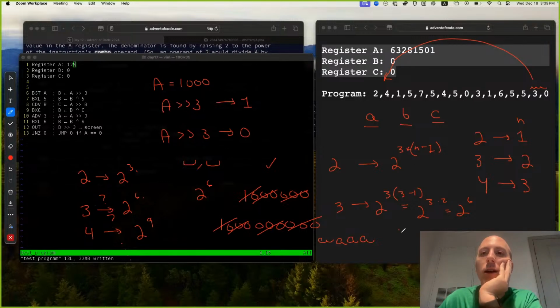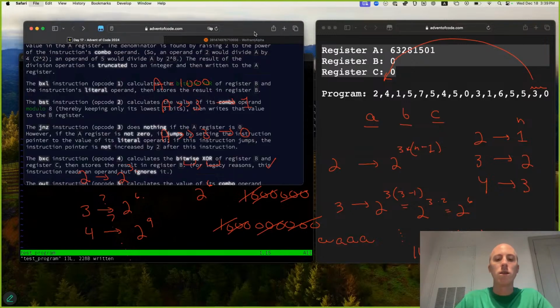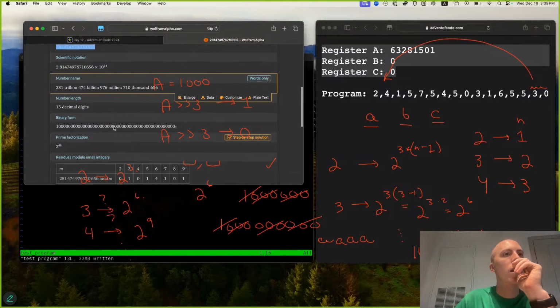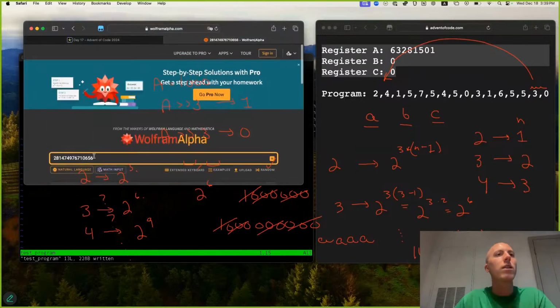So if you want a program length of 16, it's 3 times 16 minus 1, which is 2 to the 15th. I don't think the number we just tried was 2 to the 15th, was it? We said 2 to the 48.